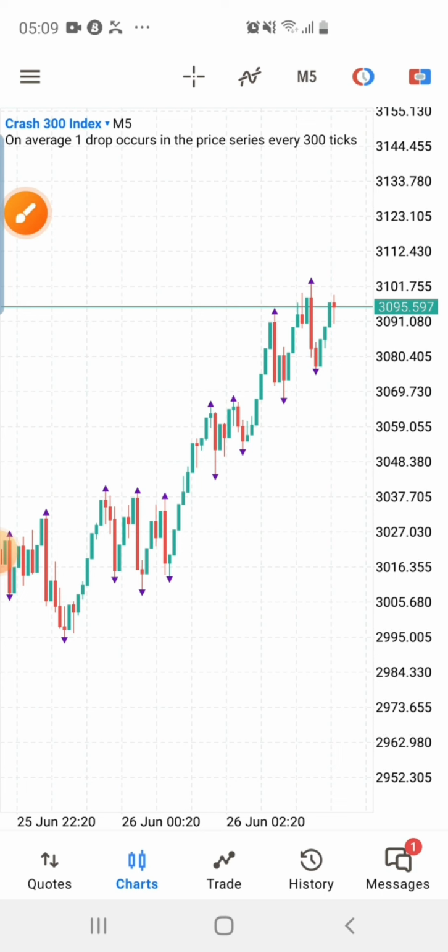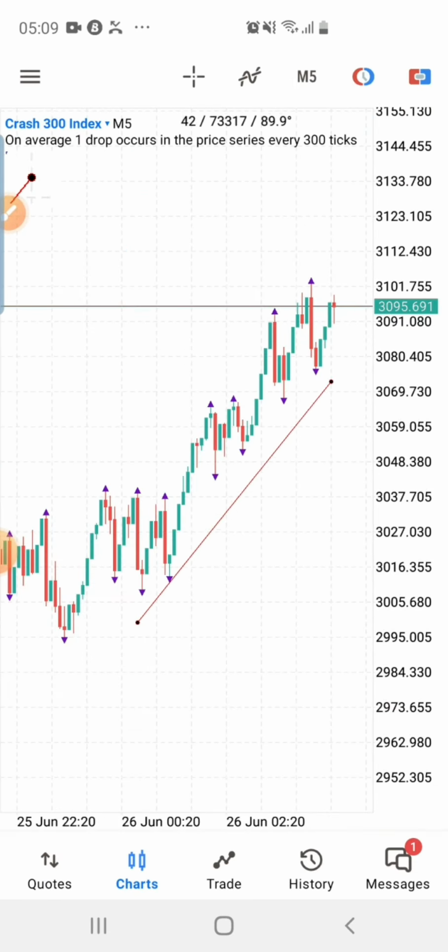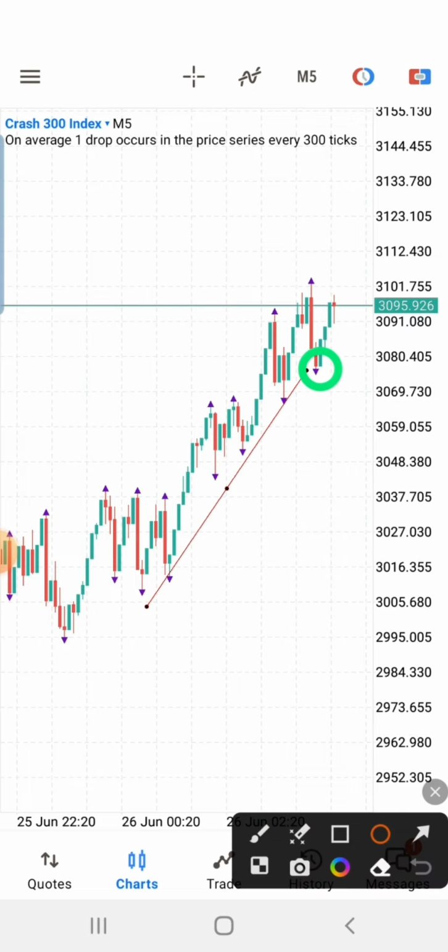So I'll just pick a trend line, for instance, and connect from here to here. Before this price action played out, in this particular swing right here, we have the trend line this way. If you look from here, we are connecting this and this.